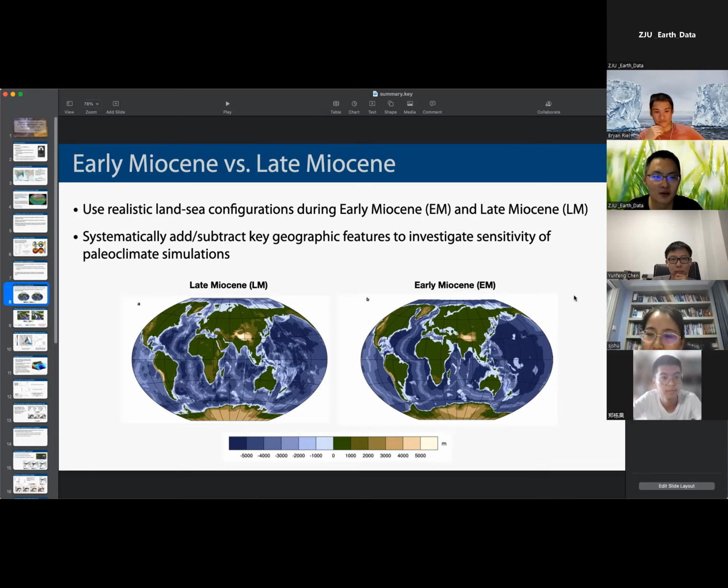Because we are not familiar with this model, we don't know the correlation between input and output values. Okay, maybe we can cooperate in the future to do something about the atmospheric circulation around the globe, also for East Asia.